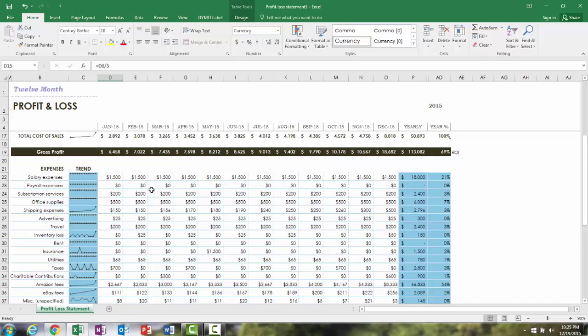Payroll expenses, most of us don't have it, but you can put in payroll expenses. Subscription services, that could be anything from buying lists, buying into a paid service, your subscription services like your Profit Bandit, your OA X-Ray, AMZ Genie, or whatever subscription you subscribe to.